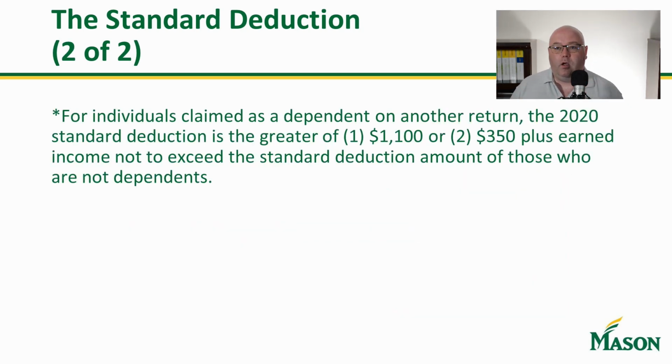All right. So as they talked about here, for individuals that are dependents of others, the standard deduction is the greater of $1,100 or $350 plus earned income, not to exceed the standard deduction amounts for those dependents. I would think that most of this is just to prevent unearned income shifting that normally happens. One of the tax planning strategies, if there were no tax provisions in it, you could take income. Say, for example, I've got a person who makes $500,000 a year, and they've got unearned income of around $100,000 a year.